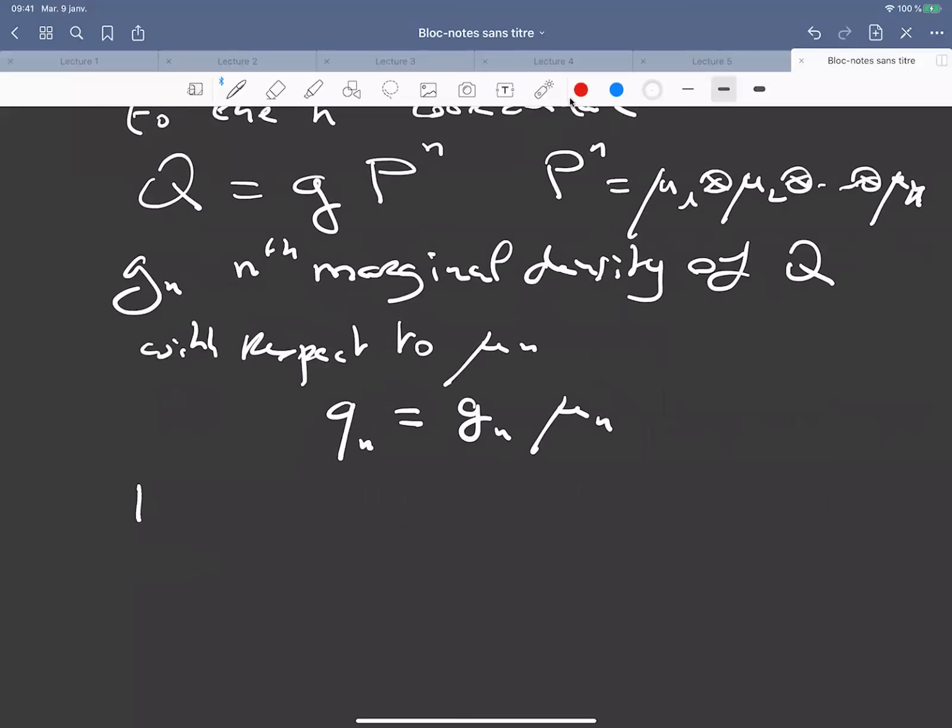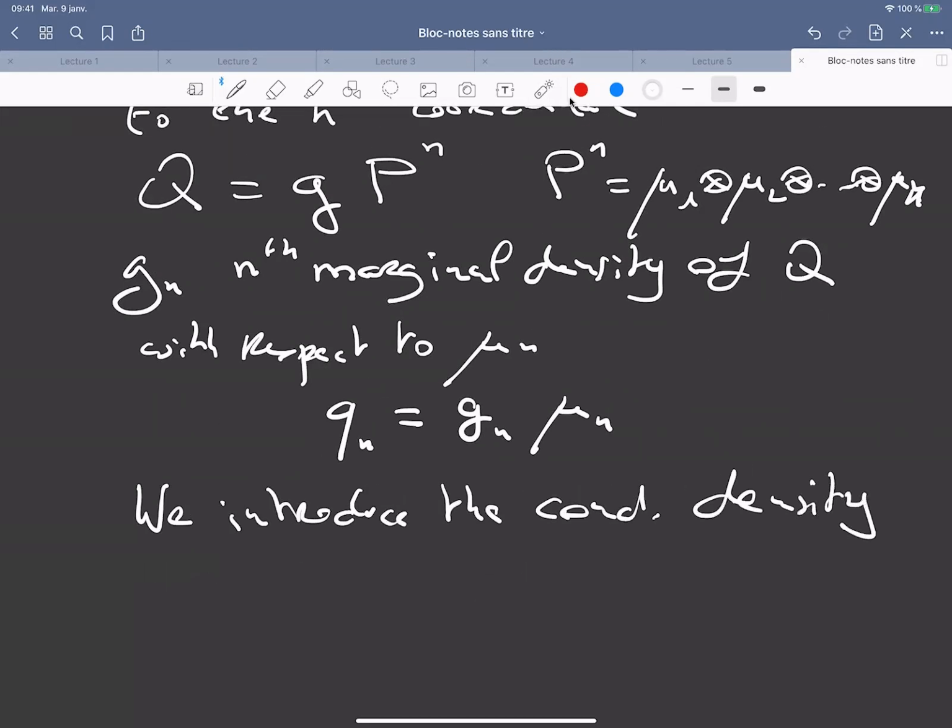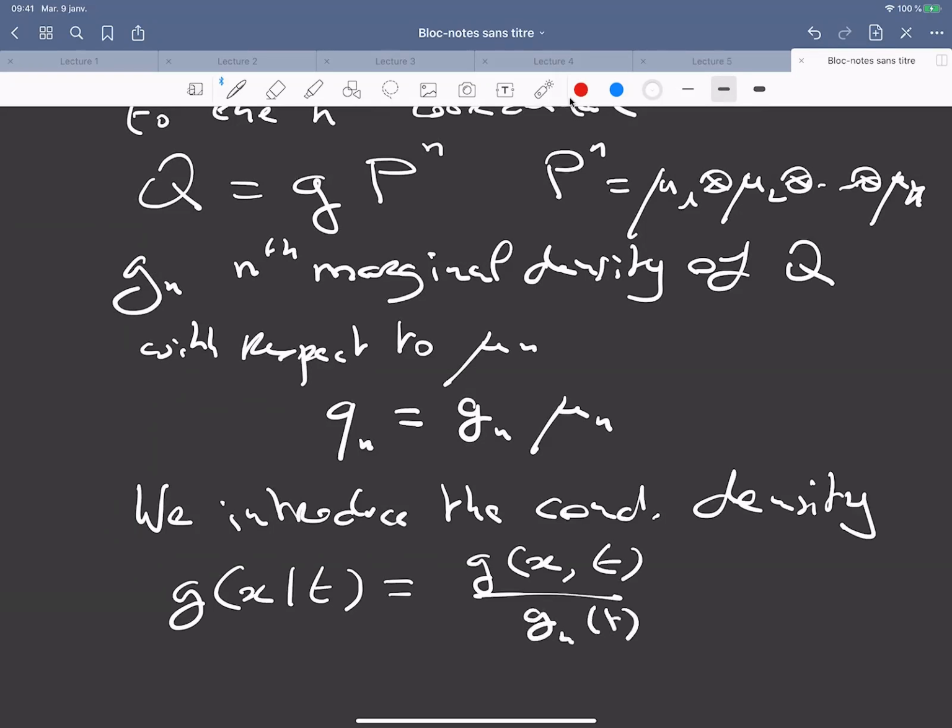Then we introduce the conditional density J of x given t, which is merely J of x and t over Jn of t.